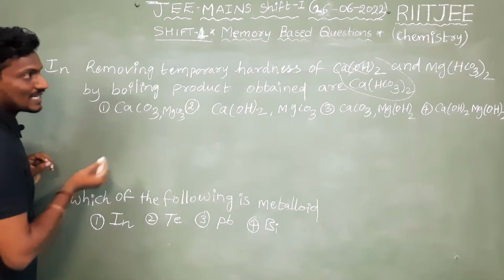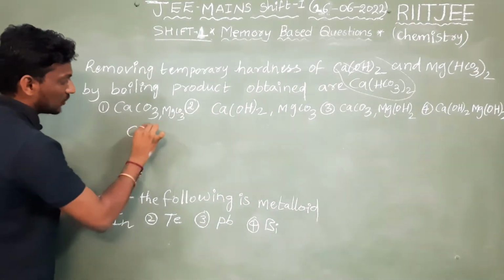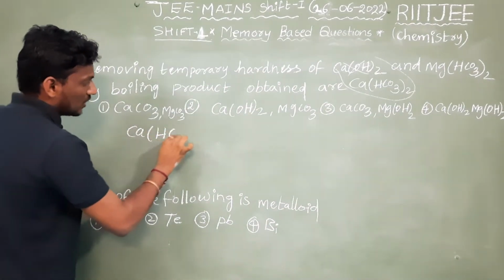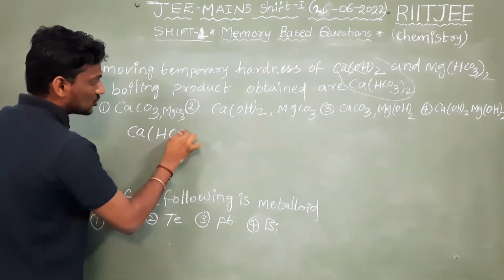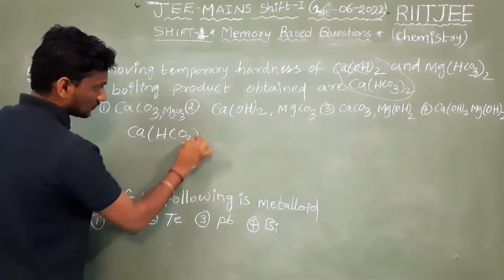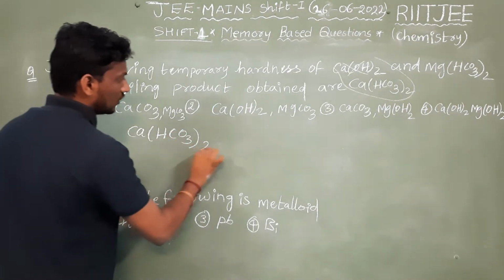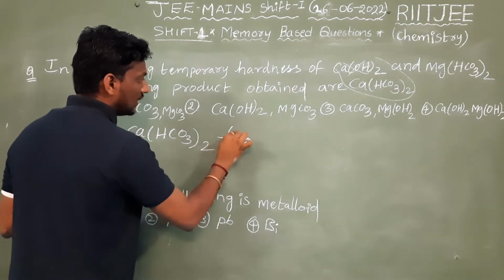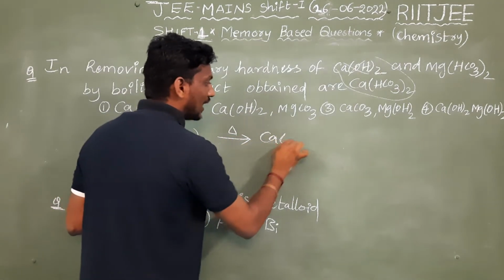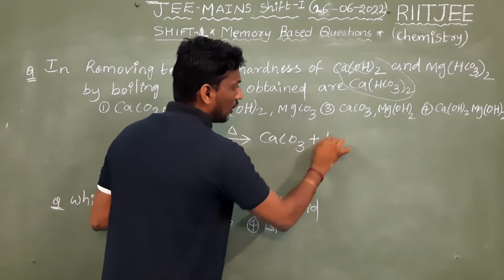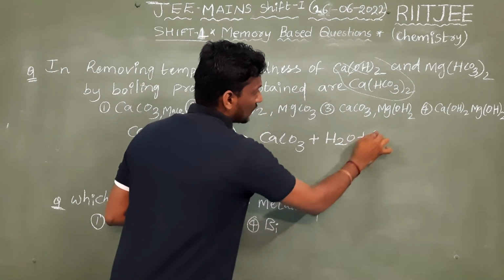The first one, let us see, calcium bicarbonate. If you heat calcium bicarbonate, you will get calcium carbonate along with water, and you will get carbon dioxide.